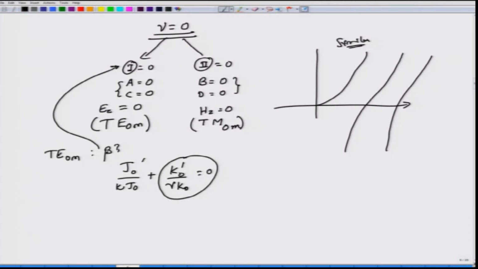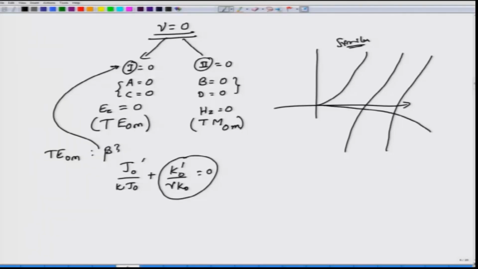Whereas K0 prime by gamma K0, K0 prime is the derivative of an exponential, which would look like an exponential, especially because this K0 has to be applied away from the core. So, the 0 points are all excluded from the K equations. Near 0 the K0 solutions are not going to be looked at because they are not part of the solutions anyway, since these K solutions are to be in the cladding itself. In that cladding K0 prime and K0 both look like exponential functions, and therefore the ratios would only either decay or increase.